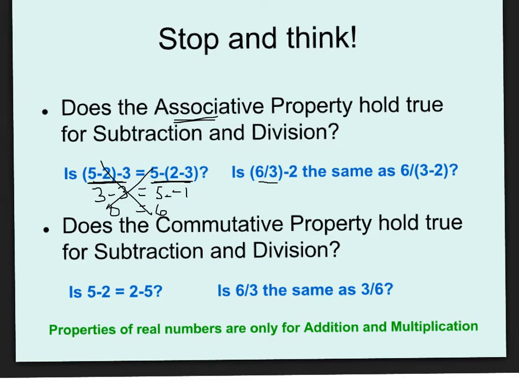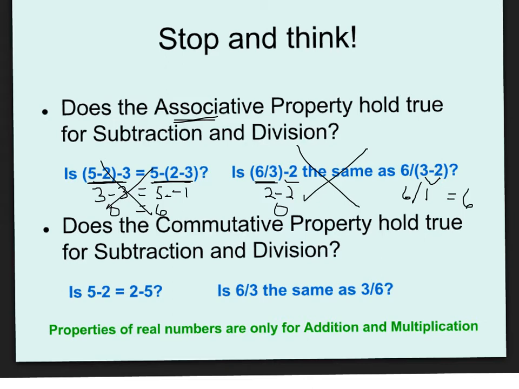If we have 6 divided by 3, and then we subtract 2, you do the parentheses first, 6 divided by 3 is 2, and 2 minus 2 would be 0. Is that the same thing as, here we have parentheses around the 3 minus the 2, so you do that first. 3 minus 2 is 1, 6 divided by 1 is going to be 6. So the associative property does not hold true for division and subtraction.